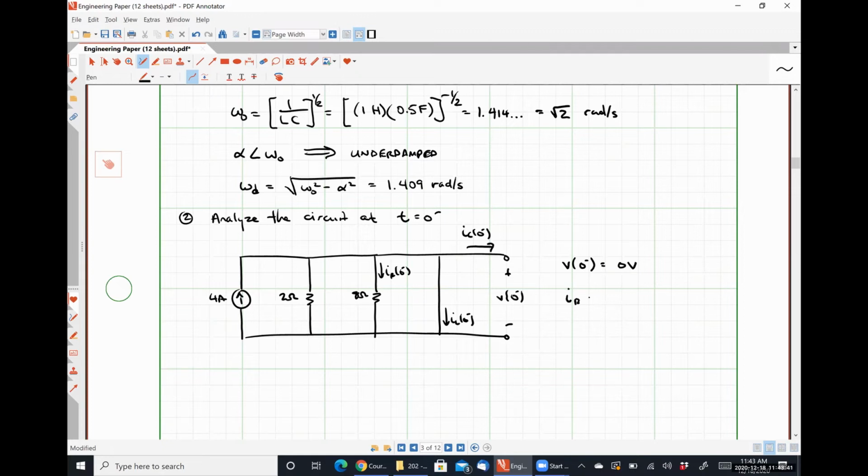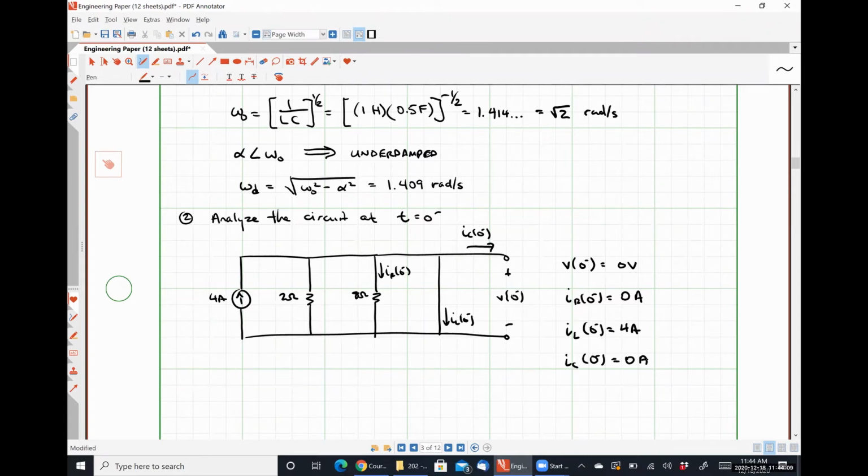What's IR at 0 minus? 0 amps, because all of the current is going to flow through the inductor. IL is obviously 4 amps, and IC is obviously 0 amps. So we have analyzed the circuit at t equals 0 minus.